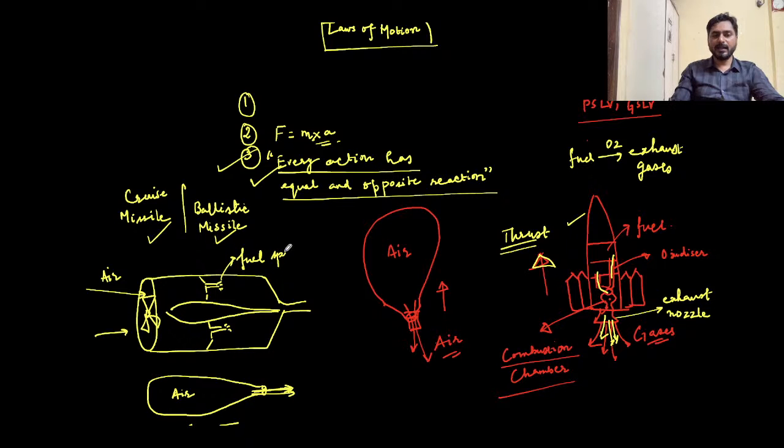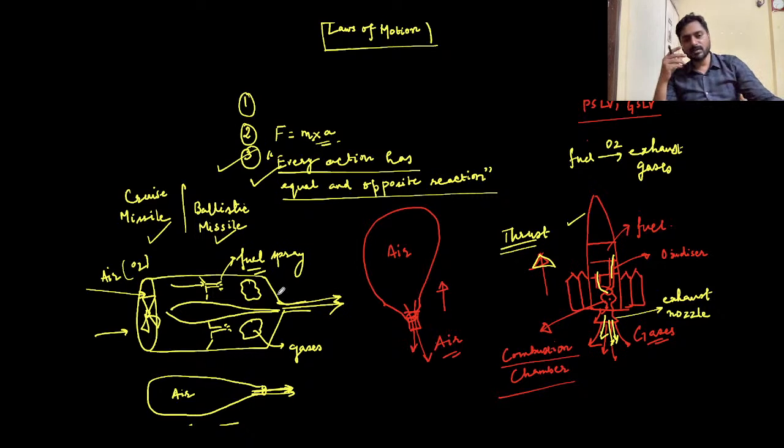Fuel is sprayed, and then in air you have what? In air you have oxygen, and this oxygen will go and react with fuel, and this will produce a lot of hot exhaust gases. So when the fuel is burnt in the presence of air and it produces hot exhaust gases, these gases are then made to move out in this direction.